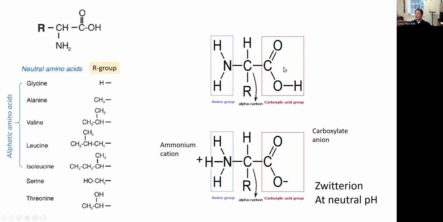Whereas on the left side, we will have an amino group or amine group, NH2. So this alpha carbon will have both a carboxyl group and an amine group.